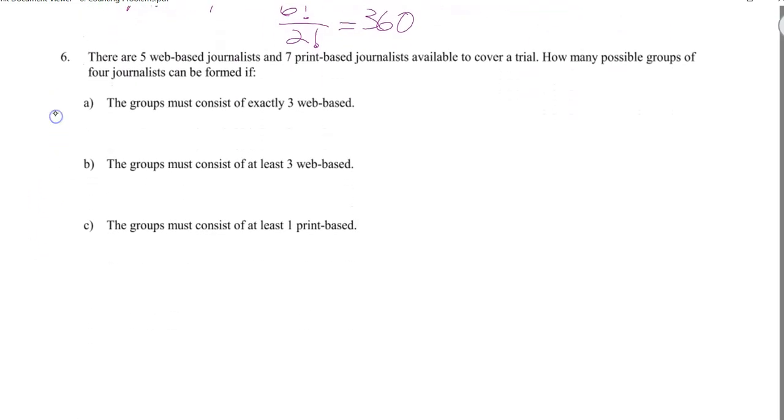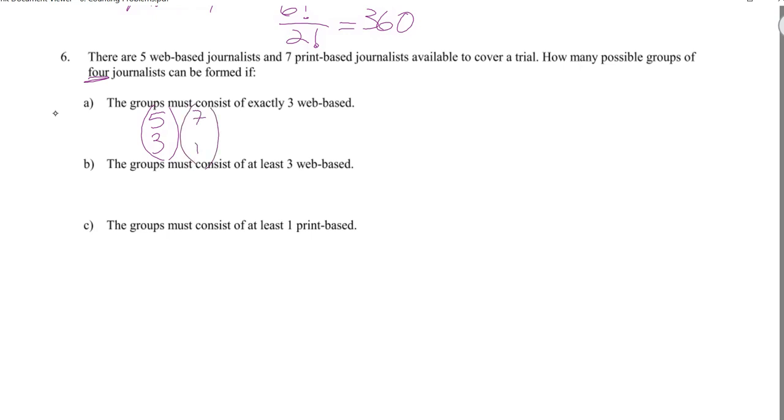And the last little bit. There are 5 web-based journalists and 7 print-based journalists available to cover a trial. How many possible groups of 4 can be formed if the group must consist of exactly 3 web-based? So 5 choose 3, there are 7 print-based, and we need 1.